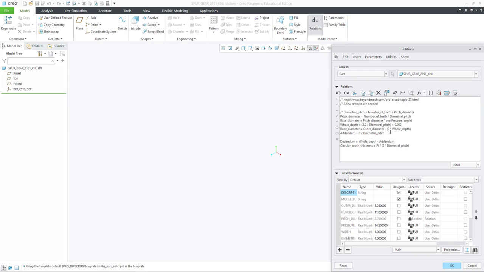So we're going to say that the outer diameter equals pitch diameter plus 2 times the addendum. So I'm adding this in after the addendum was calculated.